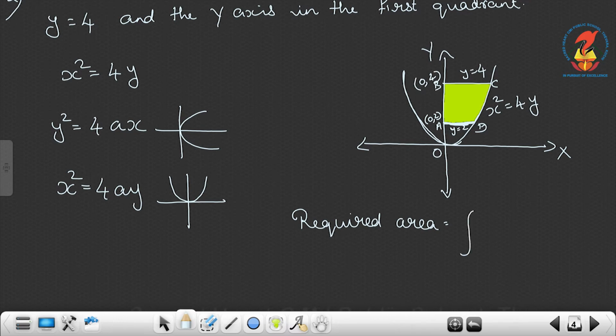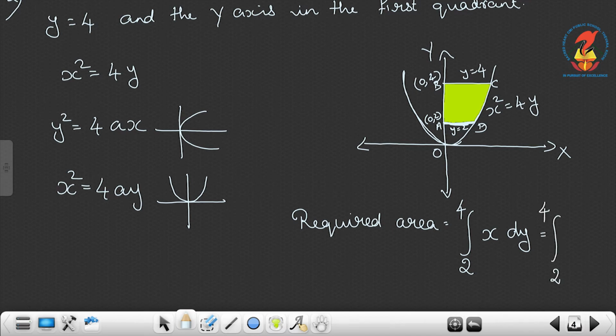So integral 2 to 4. The formula is x dy, not y dx, here x dy, since we use y coordinates.